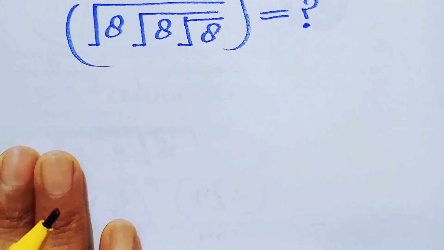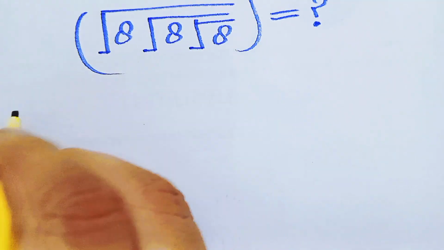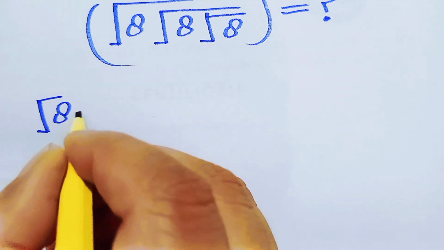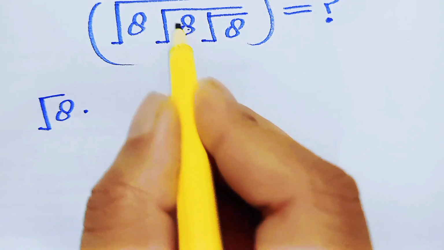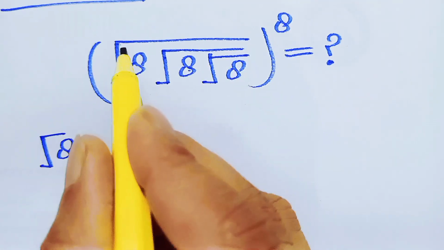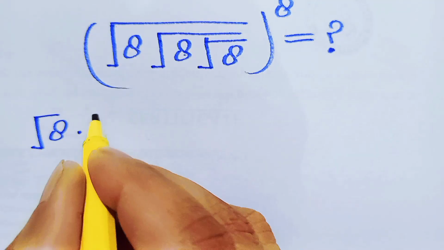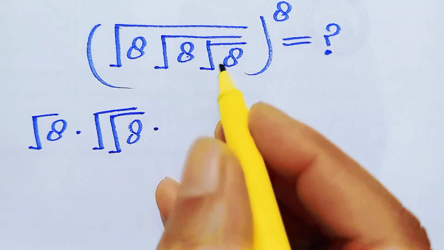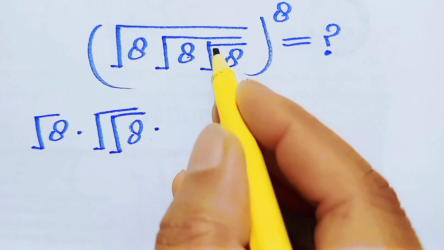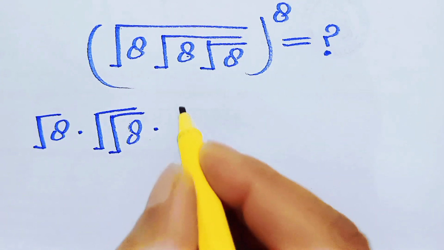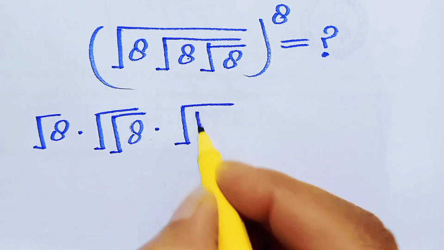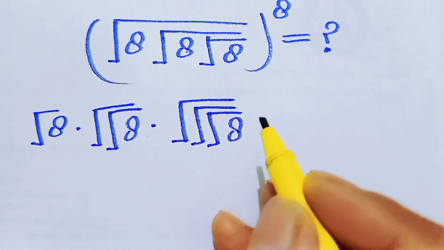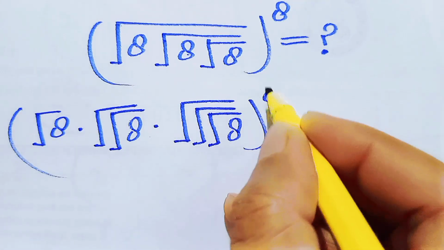So here we can separate this square root of 8 ten times, and now this 8 is this square root and this square root, so we can write it as square root and now square root and now this 8, and then times this 8, which has 3 square roots, so we write the square root and this square root and this square root of 8, and the whole to the power of 8.